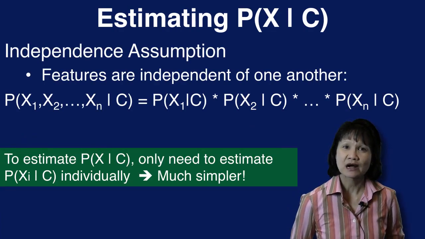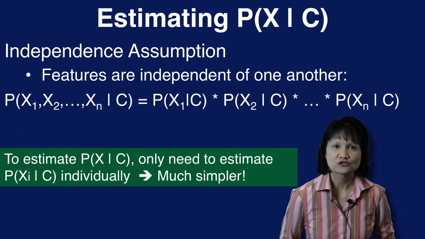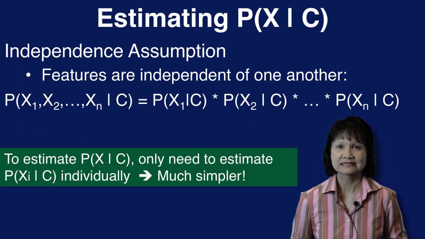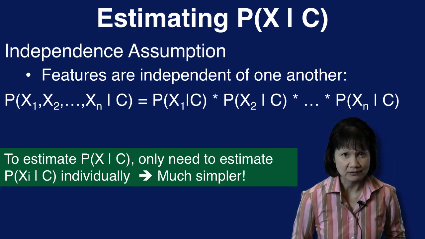In estimating probability of x given c, which is the probability of observing feature vector x, given that the class is c, we can use the independence assumption to simplify the problem.